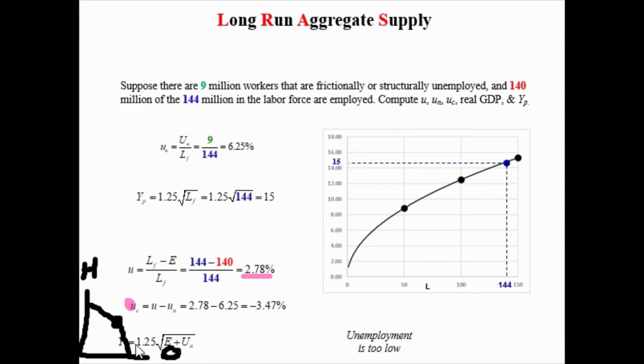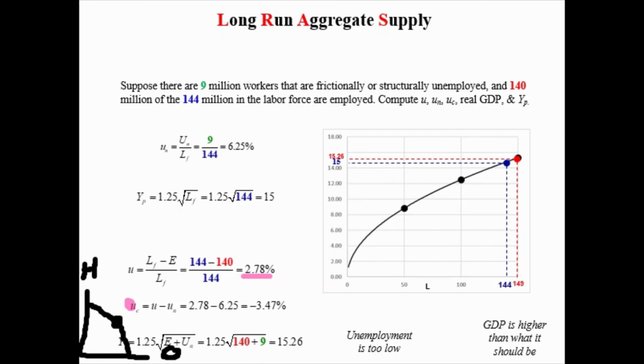And then the real GDP is found by plugging in the number of people employed, in this case 140 million, and the number of people who are structurally or frictionally unemployed as well. 149 million, square root of 149 million, times 1.25 gives us 15.26.